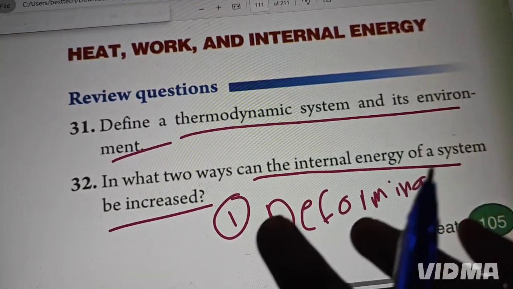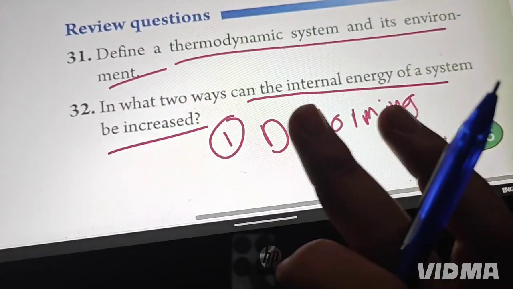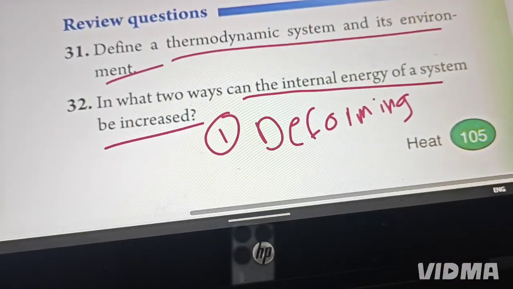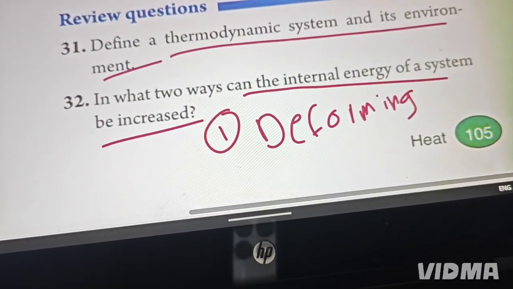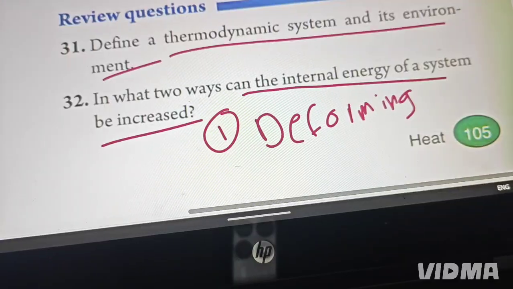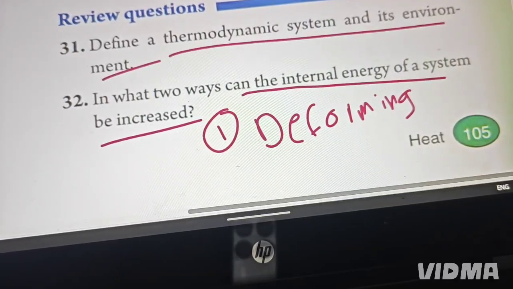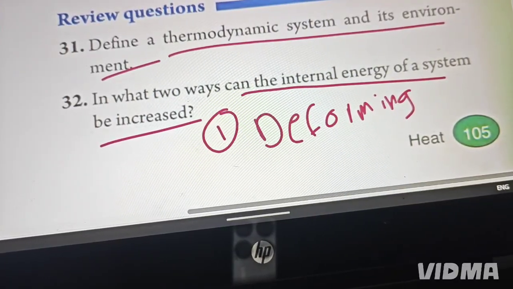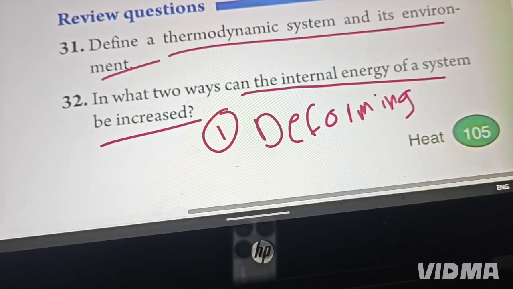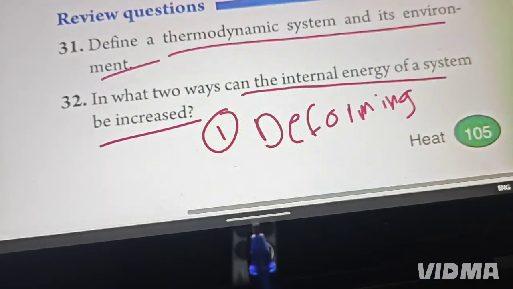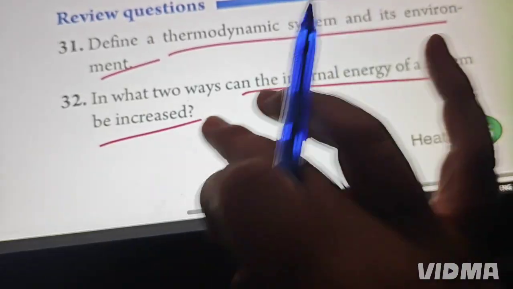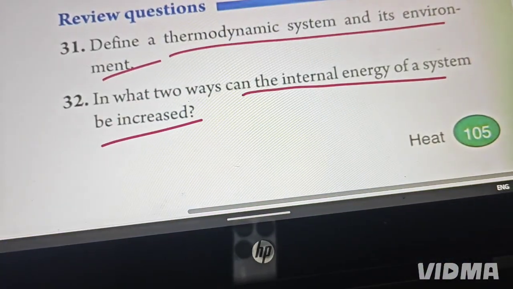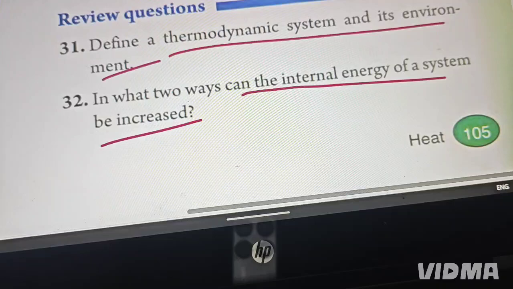We have so many ways to increase the internal energy of any object, by deforming, by adding force, by shaking, by so many things. But in the teachers' key answer, it is written like that: energy transferred to the system as heat and work.